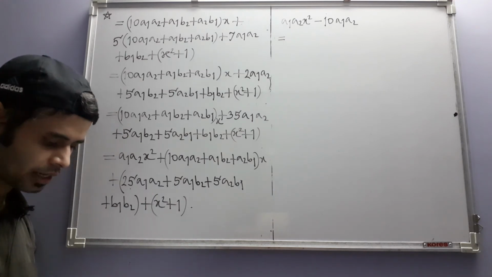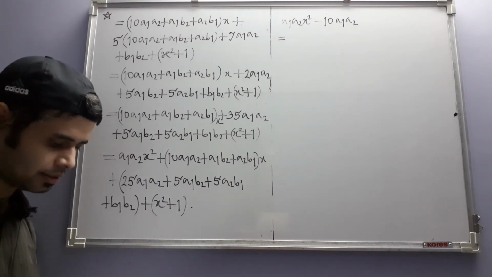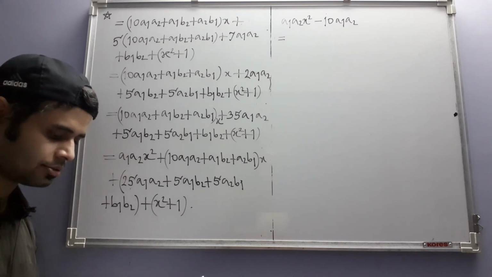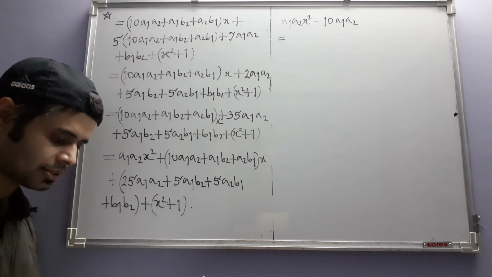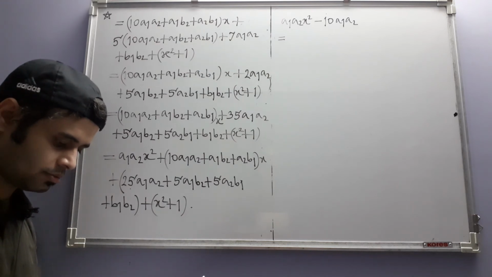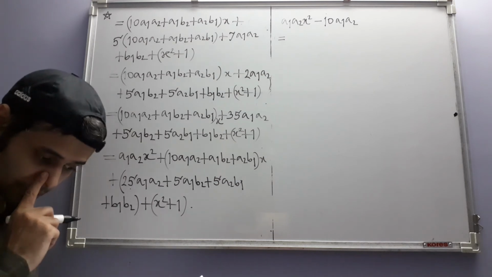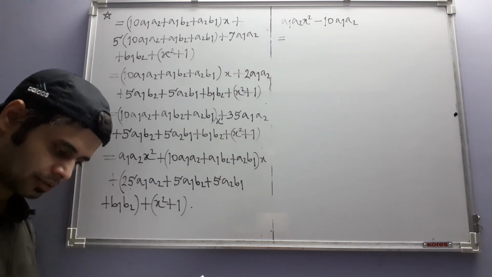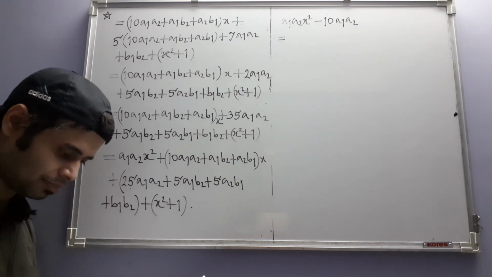So if I want to multiply these two terms, then I will actually get a1 a2 x square plus 5 a1 a2, that gives us 25 a1 a2, 5 a1 times 5 a2, plus 5 a1 b2, 5 a2 b1, and then b1 b2.